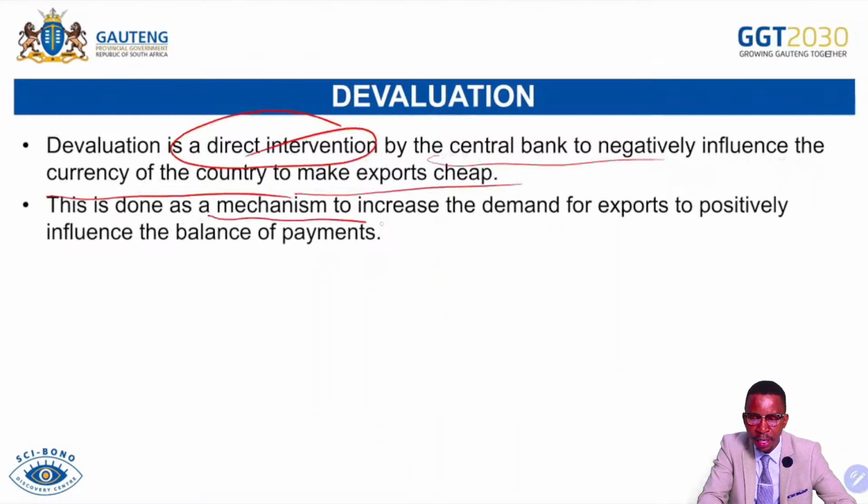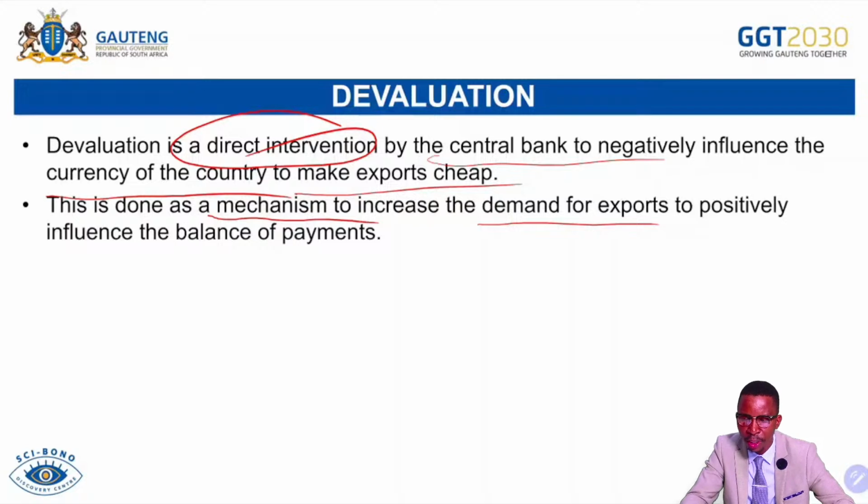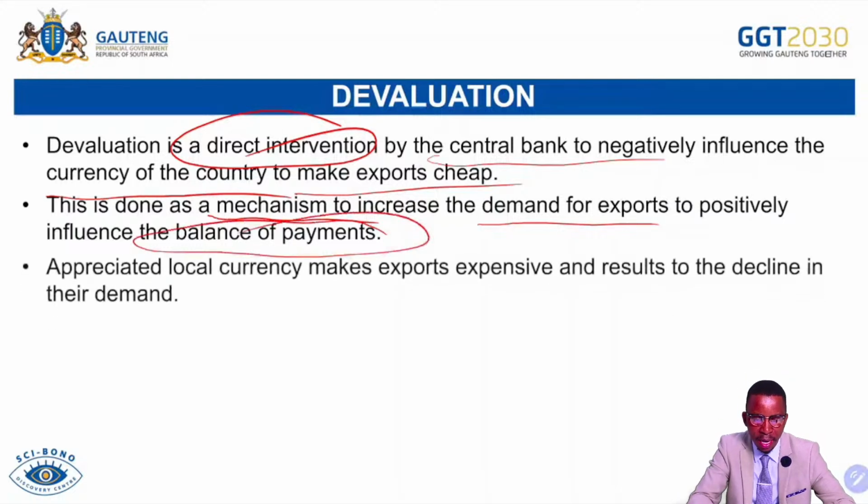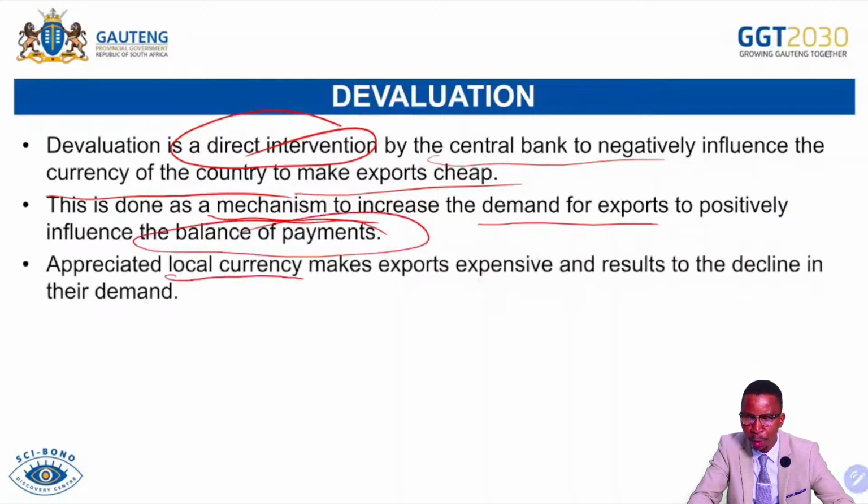This is done as a mechanism to increase the demand for exports to positively influence the BOP. It is important to ensure that our exports are highly demanded so that our BOP can be influenced positively, so that exports can surpass or exceed imported goods and services. An appreciated local currency makes exports expensive and results in a decline in their demand.